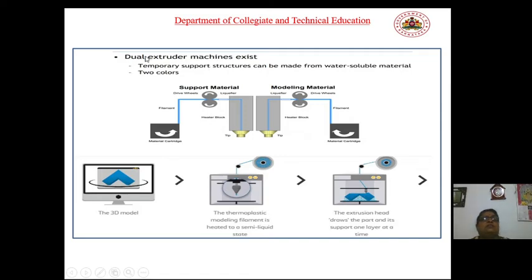The name indicates dual, that means we first develop a supporting structure and then develop the actual model based on the supporting structure. Once the model has been developed, the supporting structure will be removed. It may be dissolved in water, or it may melt with the help of heating.